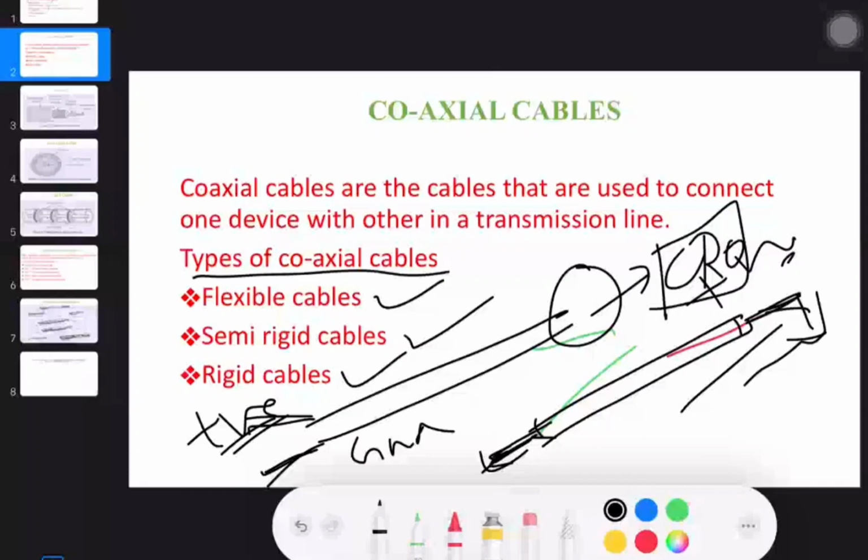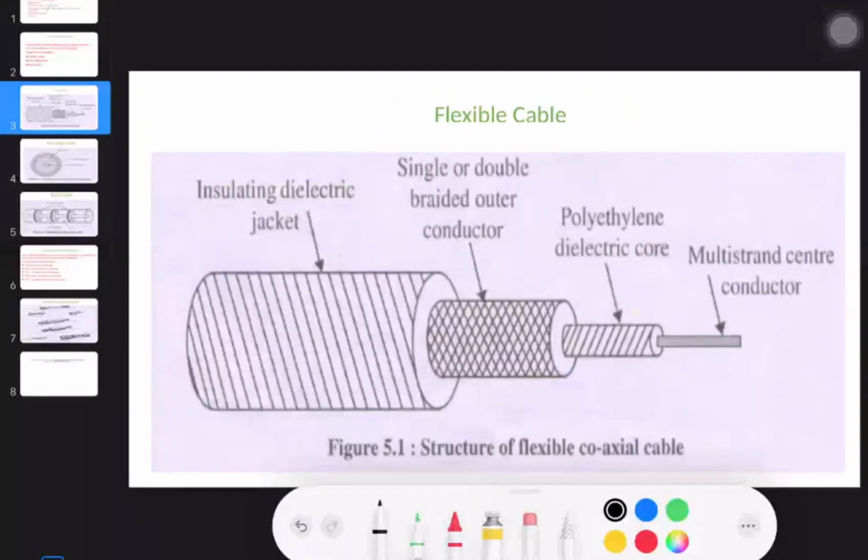So let us know the internal structures of these cables. The first one is the flexible type of cable. This is the diagram of the flexible cable, where the cable consists of four layers. One is the multi-strand center conductor, which is basically a conductor.